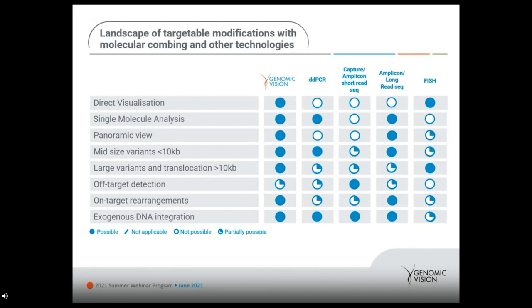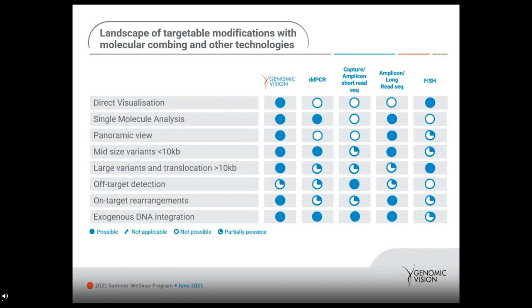As an example, if you are using AAV to deliver the CRISPR-Cas9 components or the therapeutic protein, we can monitor for potential integration of this AAV into the induced double-strand breaks. Off-target detection is partially possible with molecular combing, and it requires a prior nomination of these off-targets by another technology.